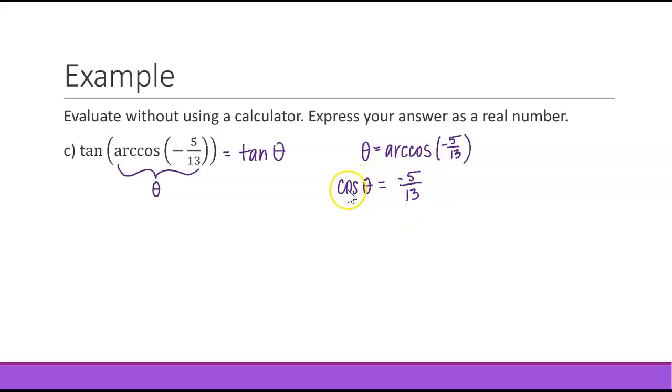So now we have this trig ratio, -5/13, that we're going to put on a right triangle in the appropriate quadrant. Since this theta is coming from arc cosine of -5/13, we know that arc cosine is only in quadrants 1 and 2. Cosine is negative in quadrant 2. We're going to sketch our triangle in quadrant 2 with our angle theta.